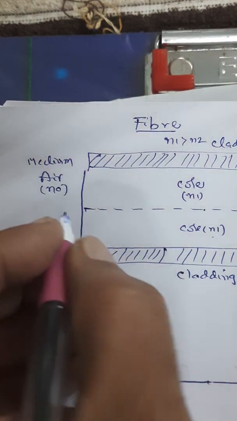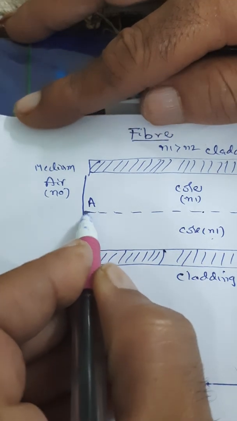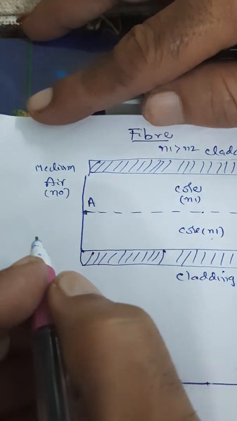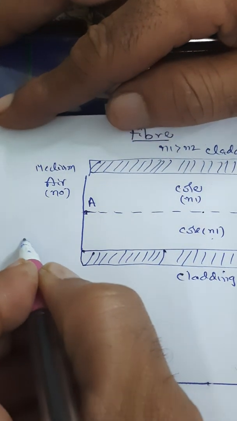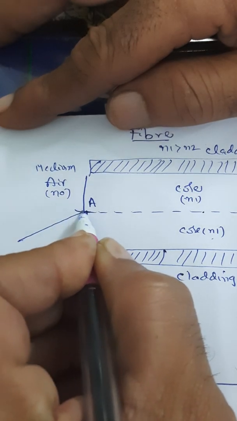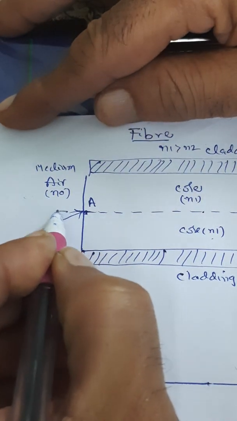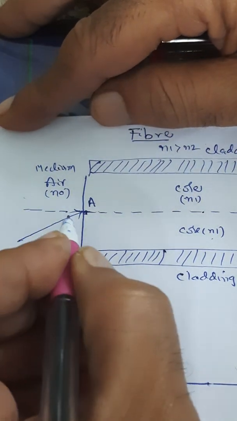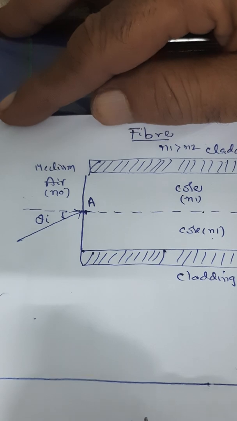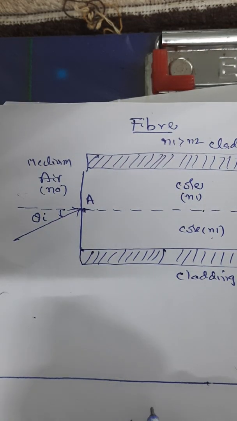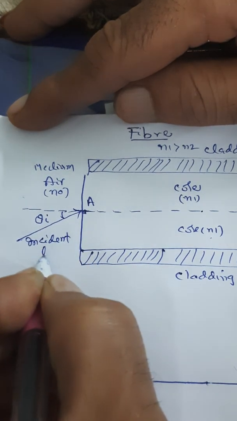Let us suppose here the light is entering at this point. From outside, the light is entering, making an angle like this. If you extend the fiber axis, this is angle of incidence I. This is what basically we call incident light.